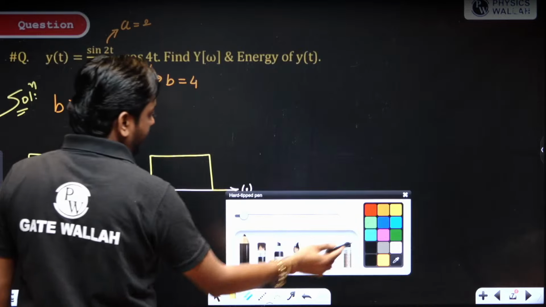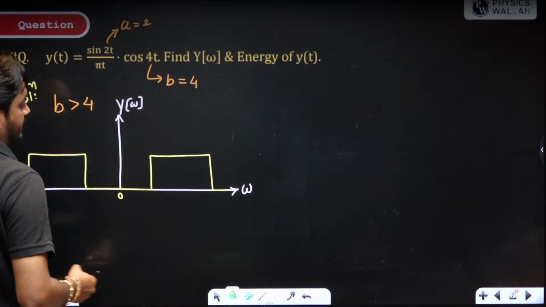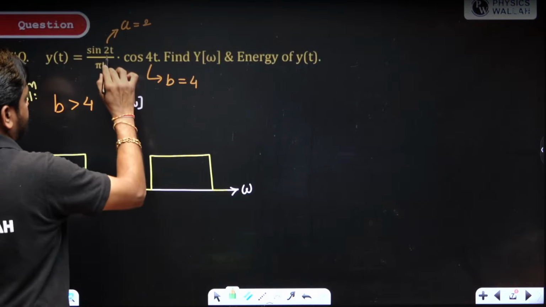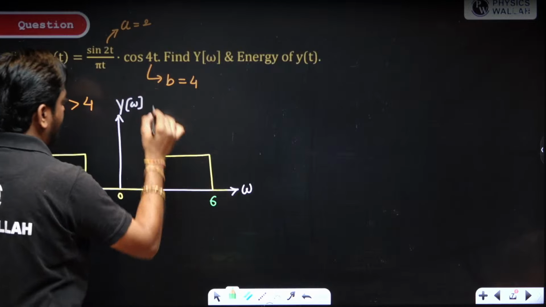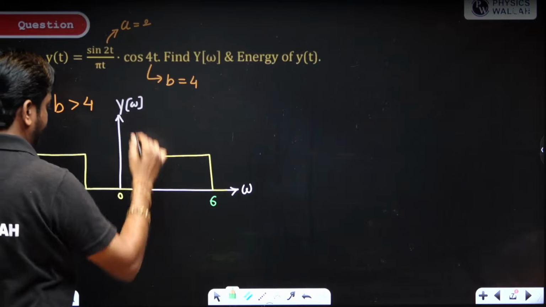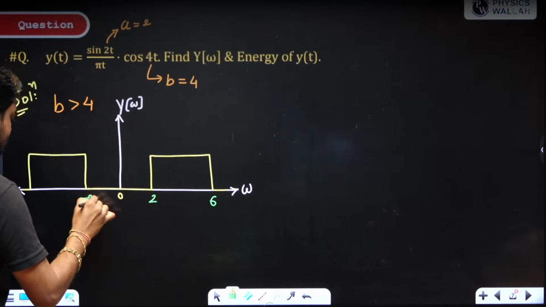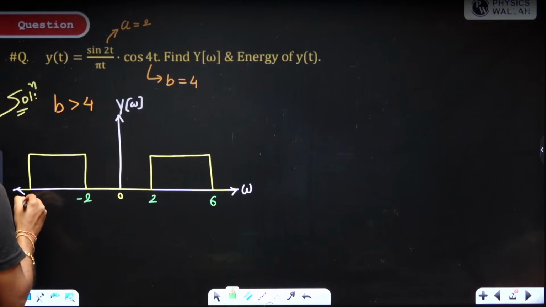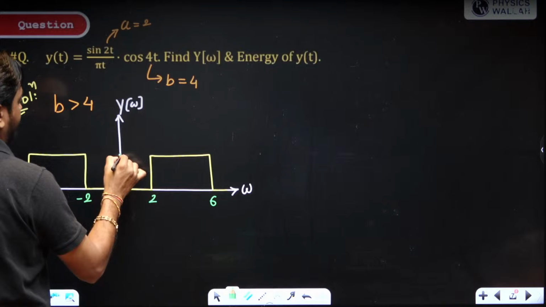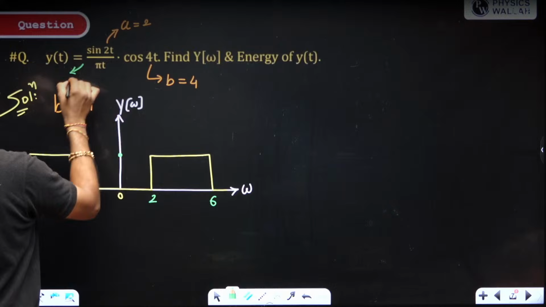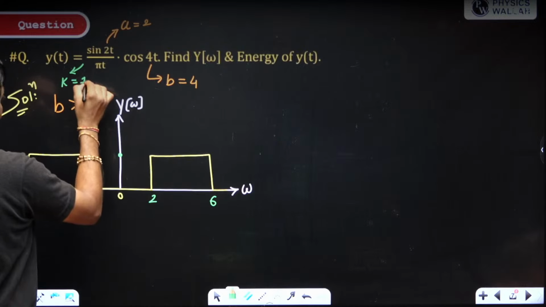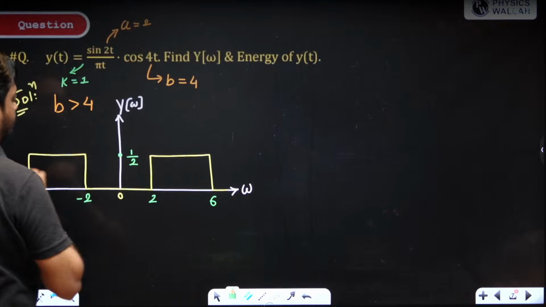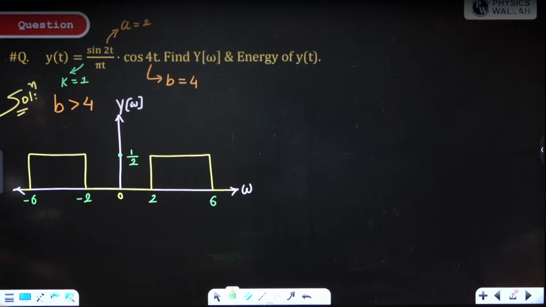Now here, the lower frequency: 2 plus 4 is 6, and the difference of A and B. So this is 2, this is minus 2, and this is minus 6. Amplitude is k by 2. Here k equals 1, coefficient k equal to 1, so this is 1 by 2. Correct? So this is the Fourier transform.